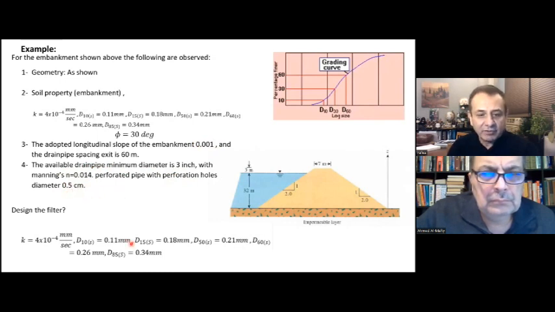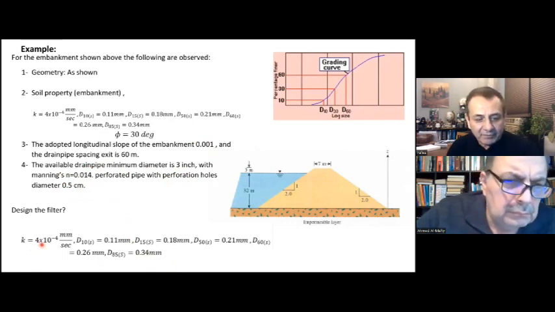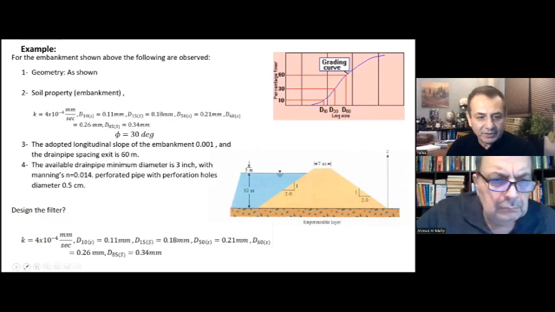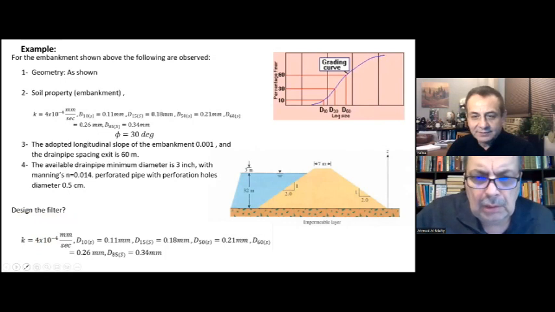So we have all of these collected data for the design. And this is to show again clearly the values of the soil of the embankment, and we are required to design the filter. Any question, Doctor? No, the input data are clear.